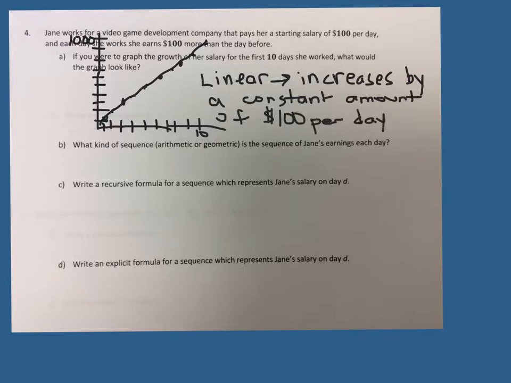Now, if something goes up by a constant amount, you're adding the same number on to the previous term. Then what we could say, actually in part B, it says what kind of sequence, arithmetic or geometric, is a sequence of Jane's earnings? Well, that's going to be arithmetic. If you're adding to get from one term to the next, then that's going to tell you that we have an arithmetic sequence.